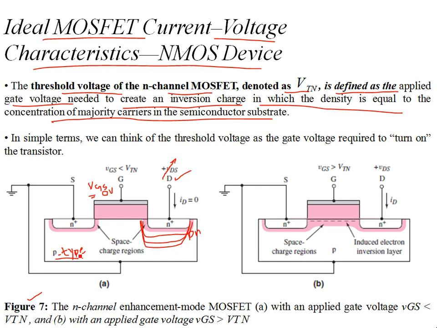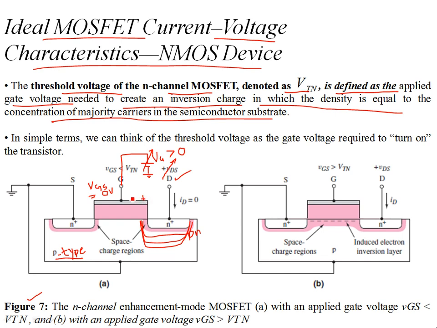For a given NMOS or p-type substrate MOSFET, you connect this to a VGS supplied battery. This is also ground. So this is my gate voltage, and it has to be a positive gate voltage. If I go on increasing this gate voltage, an electric field is established.